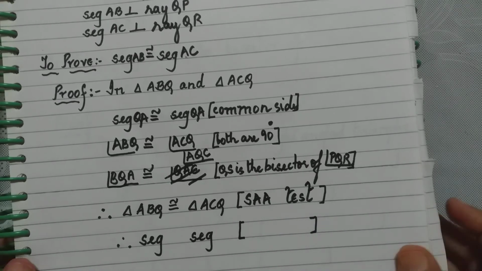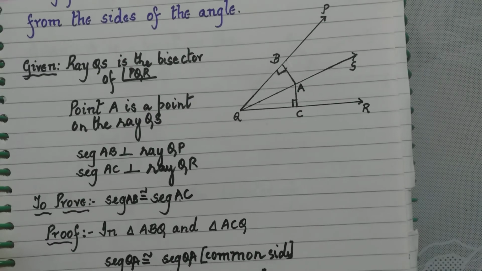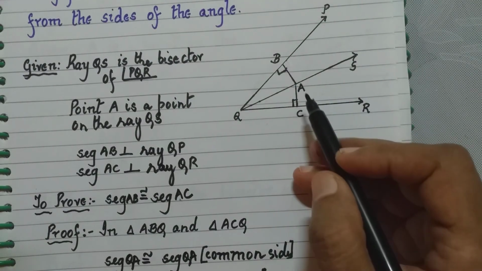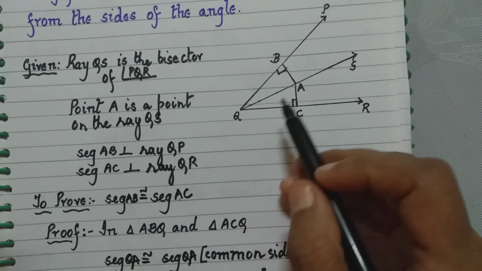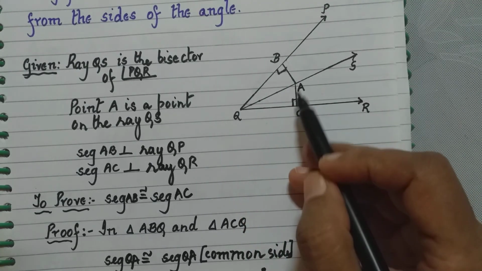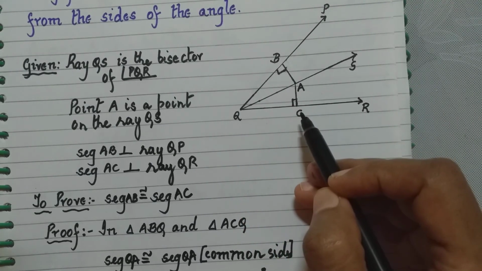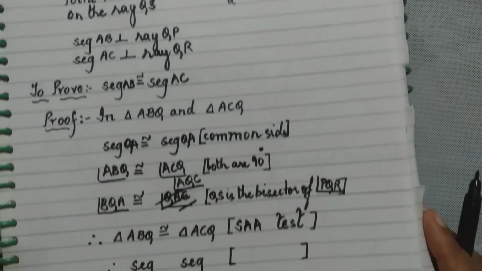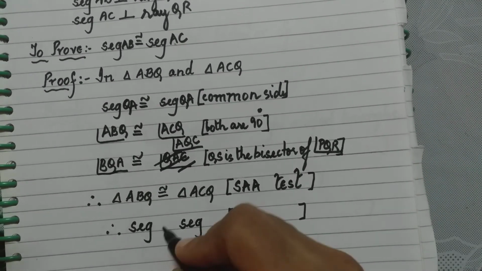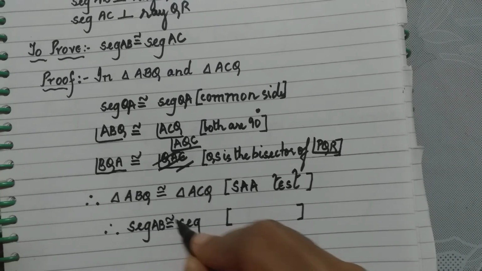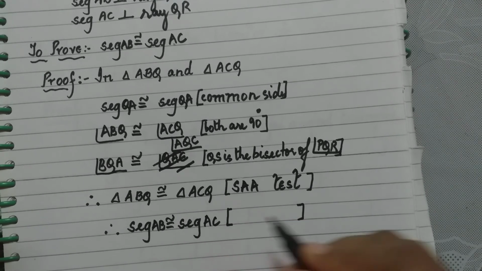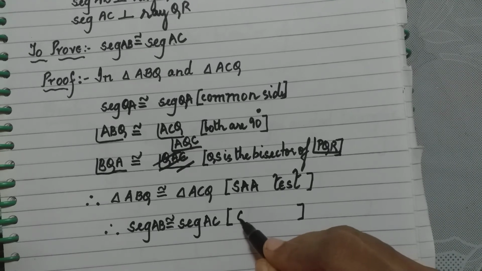If they are congruent, now look at them. Here we had named triangle ABQ and triangle ACQ. Therefore, segment AB will be congruent to segment AC, right? So I can write now segment AB is congruent to segment AC by what?